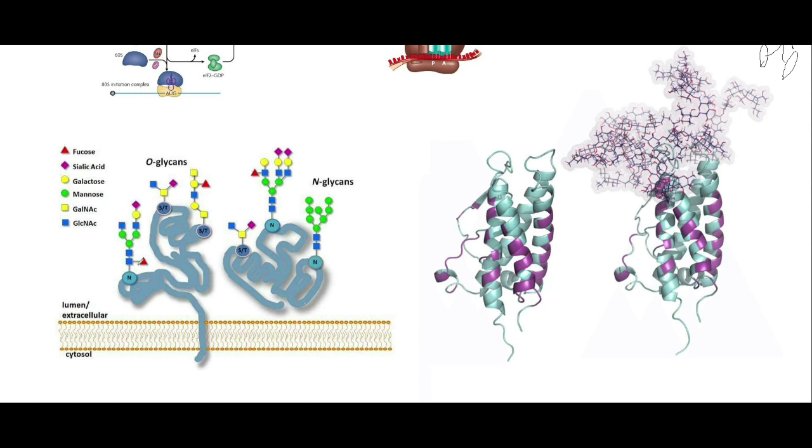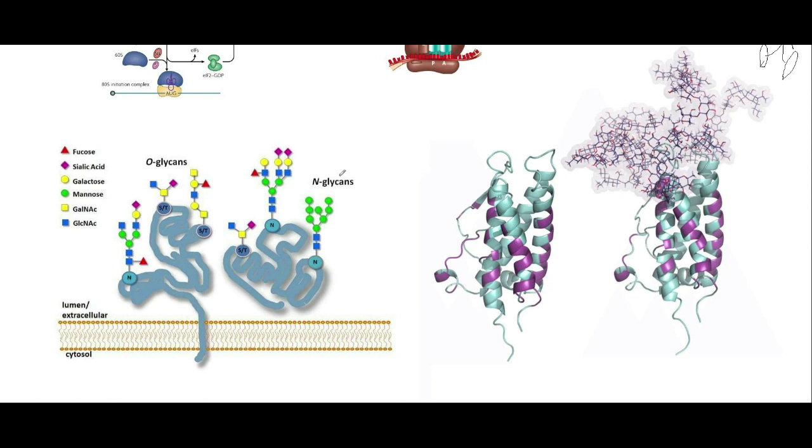And they can bind onto nitrogens, so it's binding onto a nitrogen on a side chain, or it can bind onto a serine or threonine side chain on your protein, and you can have these different O glycans and N glycans.